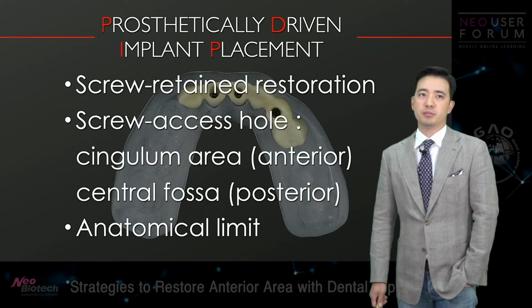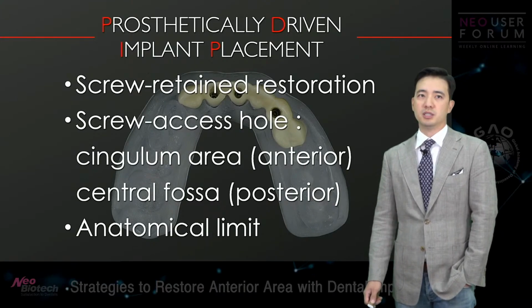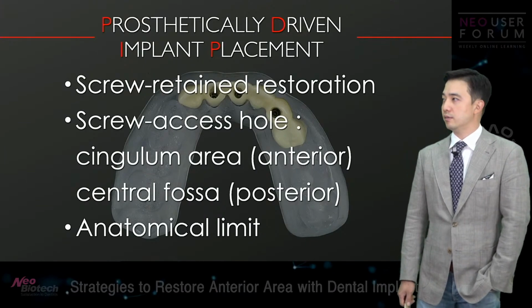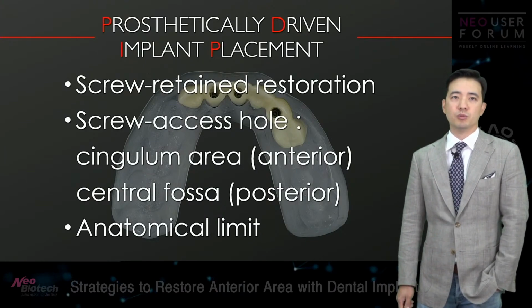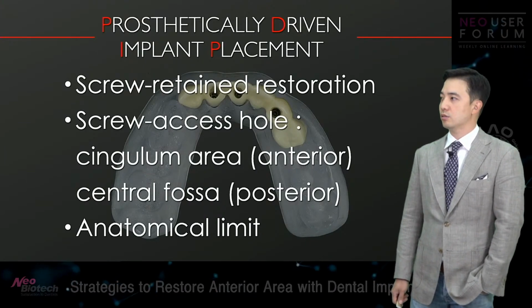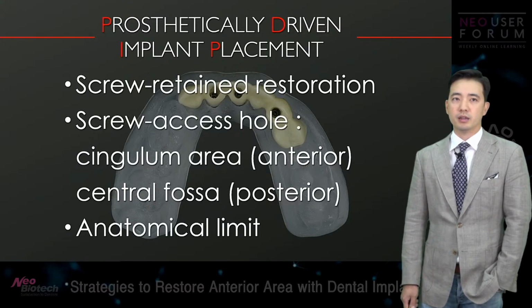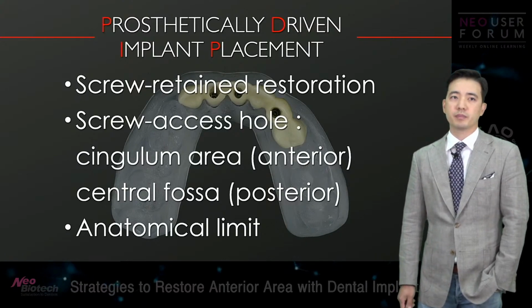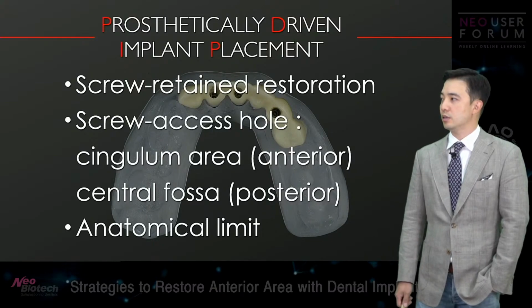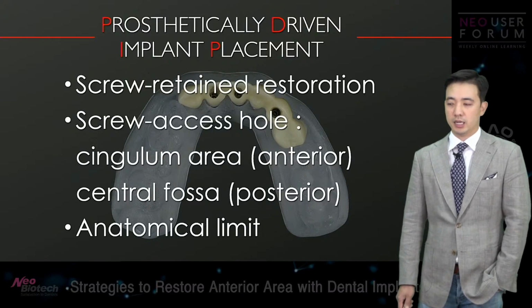Most people would prefer screw retained restoration over cement retained. For the anterior area, you want the screw access holes to come out of the cingulum, and for the posterior area, you want them to come out of the central fossa.